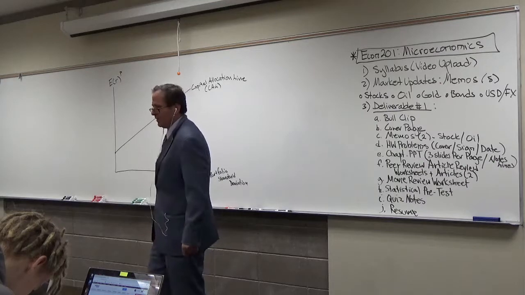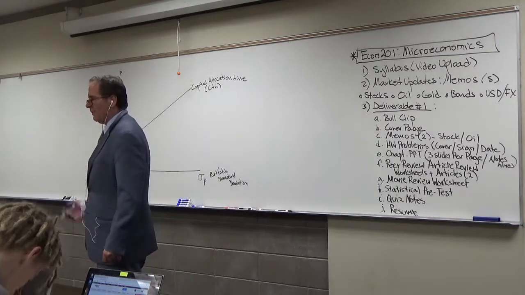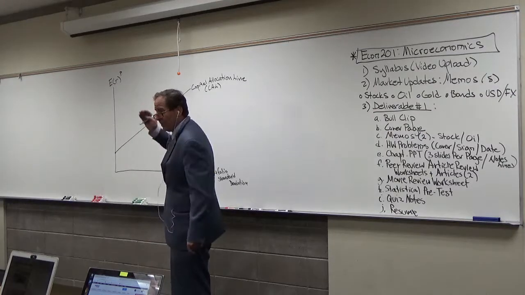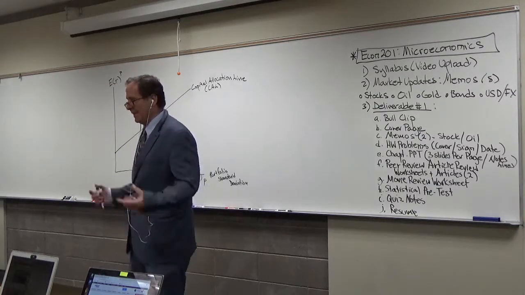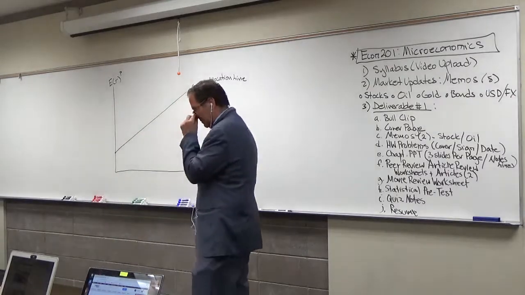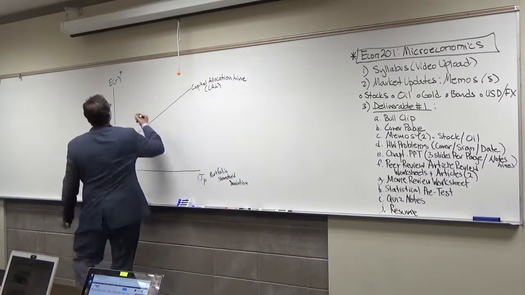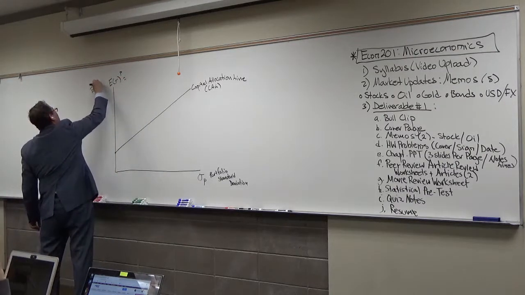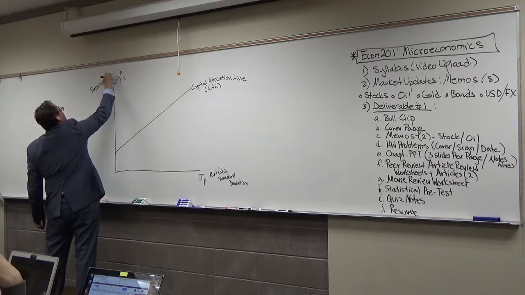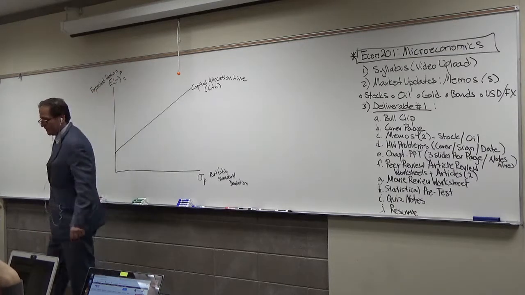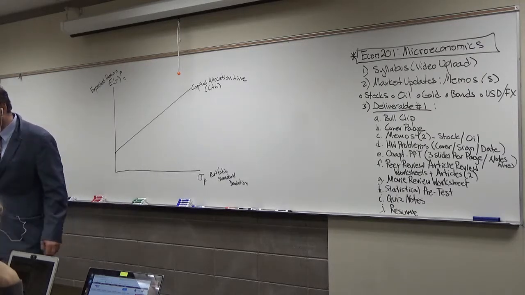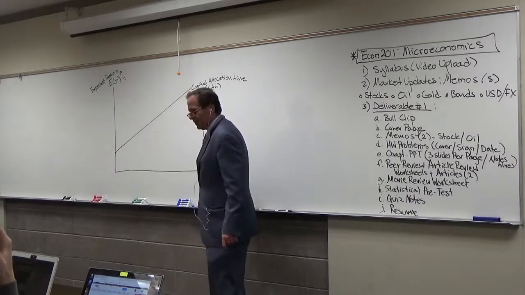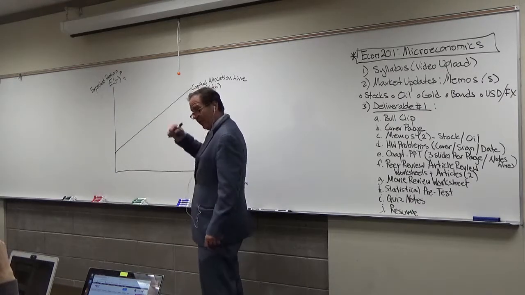When you hear portfolio standard deviation or variance, it means risk. As you go out here, it means higher risk, higher volatility in the returns for the assets within the portfolio. Variance also means risk.